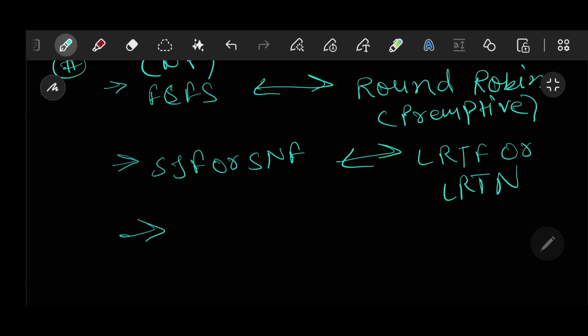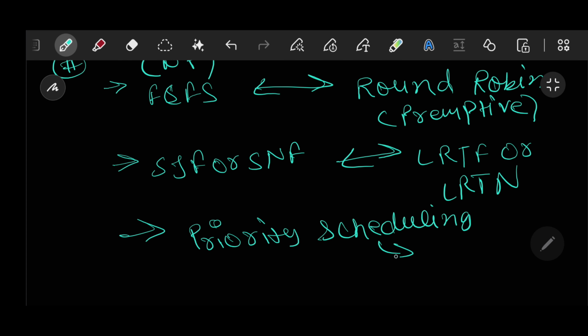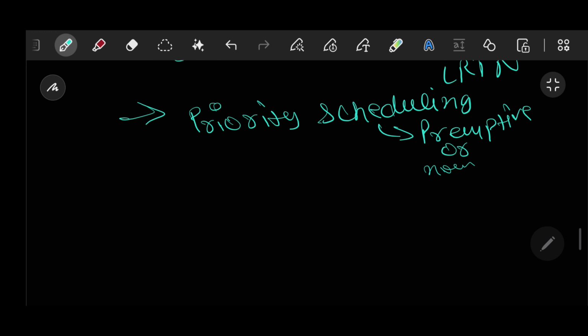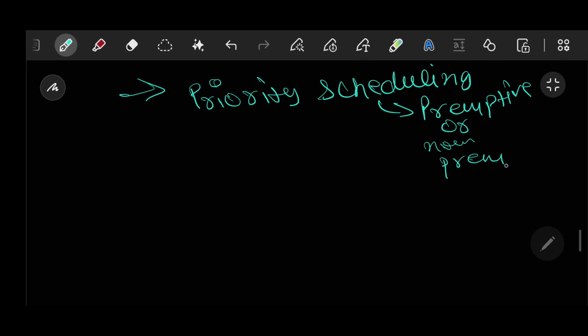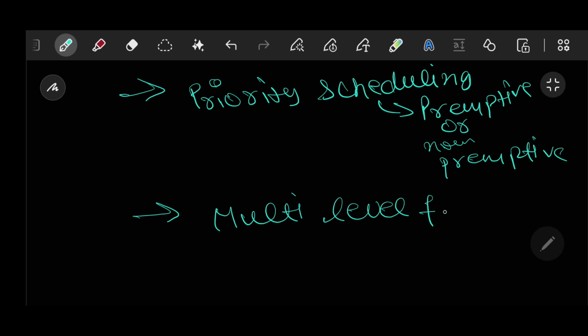The third is priority scheduling, which can be both preemptive or non-preemptive. And the last type is multi-level feedback queue.